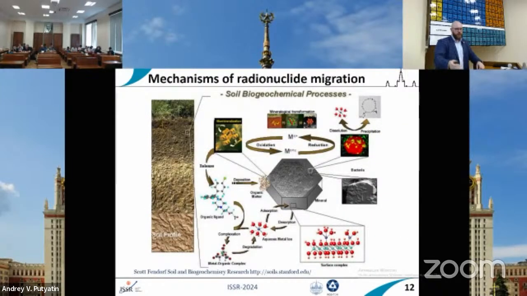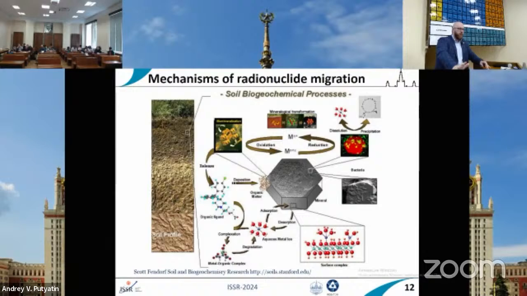And there are some examples again of what information we can get by using this X-ray absorption spectroscopy. Again, as you've seen already several times, the migration of the radionuclides is regulated by many processes.